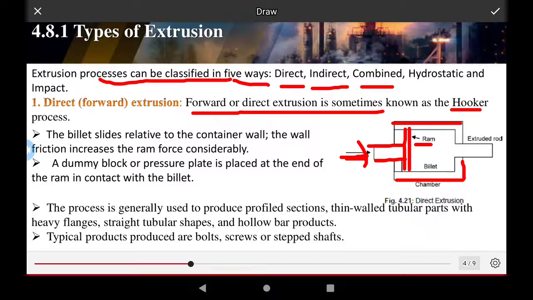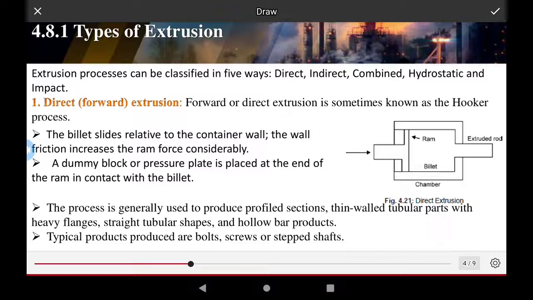The billet is used; this is the chamber filled with molten metal, and then force is applied to achieve the extruded rod. The billet slides relative to the container. This is the dummy block. The pressure plate is placed at the end, in contact with the ram.